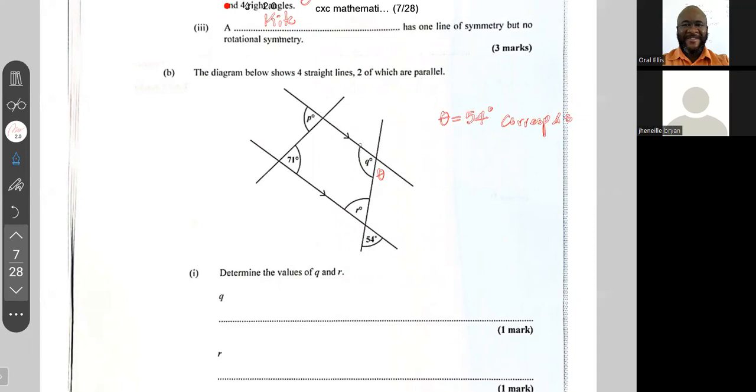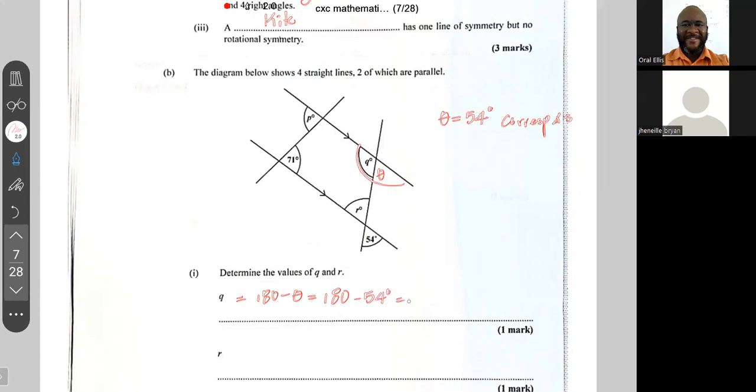Now, theta and Q are angles on a straight line. So I'm going to say that Q is equal to 180 minus theta, which is 180 minus 54 degrees.